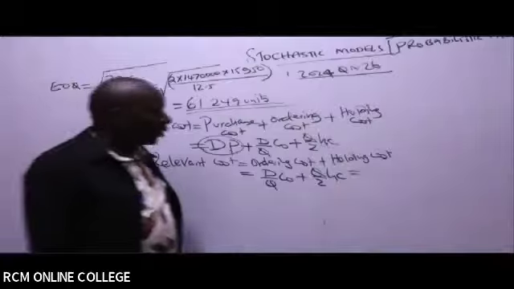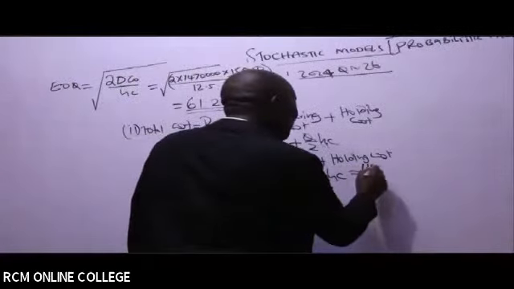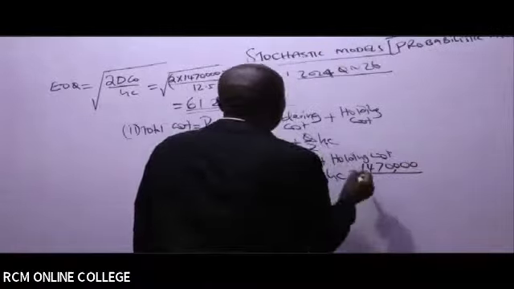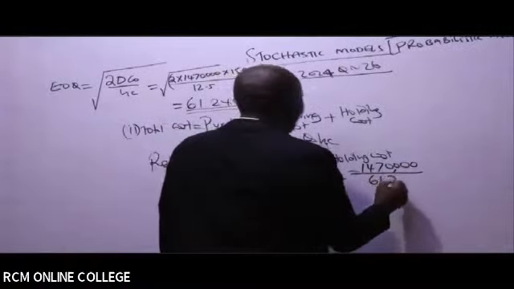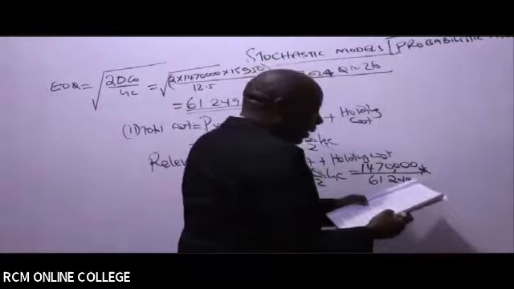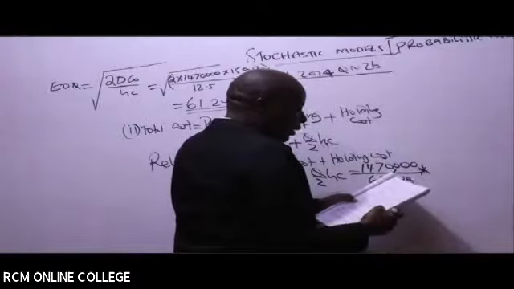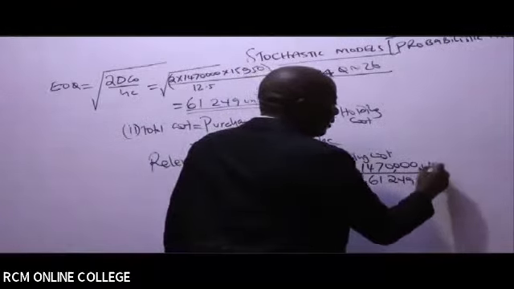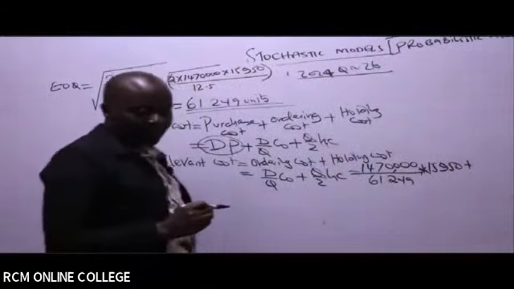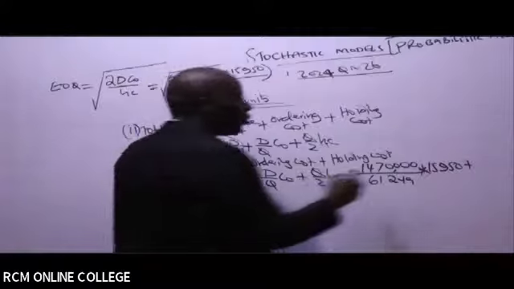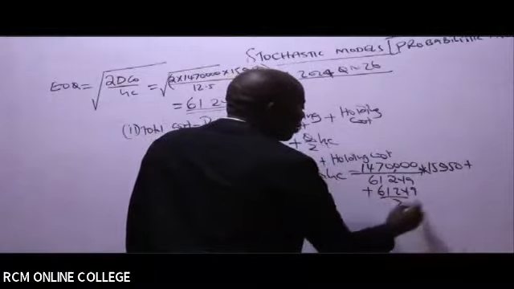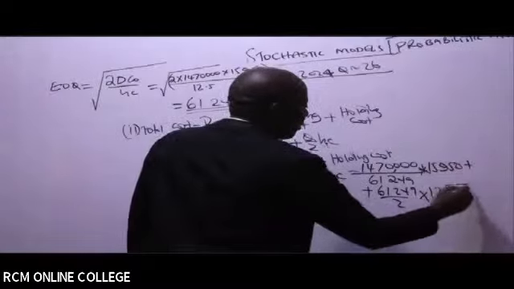Thank you so much. So then the annual demand is 1,470,000. I divide this by Q, which is EOQ, which is 61,249. I multiply this by cost per order, which was given in note number 3, 15,950, plus the same Q, the same EOQ, 61,249 over 2 times that holding cost, which was 12.5.